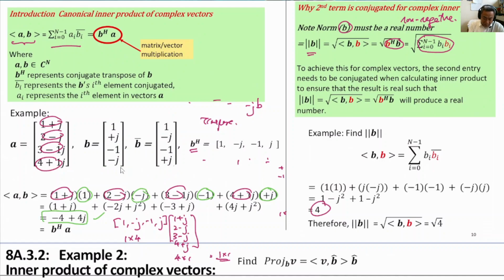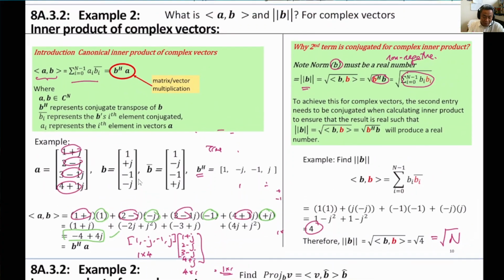And because each has length 1, each element multiplied by its conjugate still gives 1. So it's 1 plus 1 plus 1 plus 1, 4 times, because the length of this vector is 4. So it's the square root of 4, and actually the square root of n, where n is the number of elements. But this only happens because each of the elements of B has length 1.